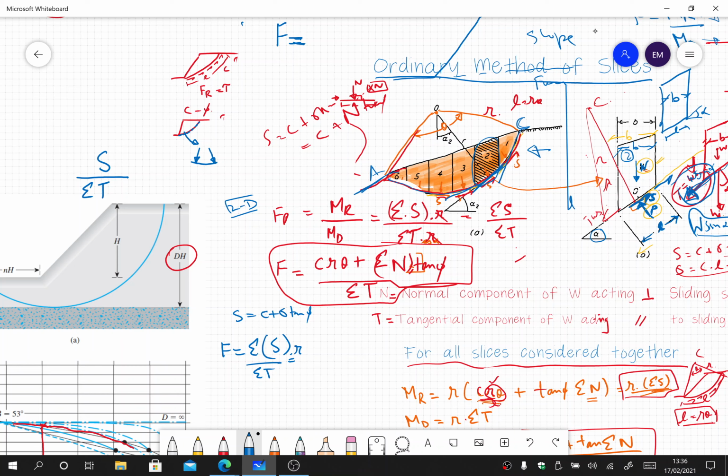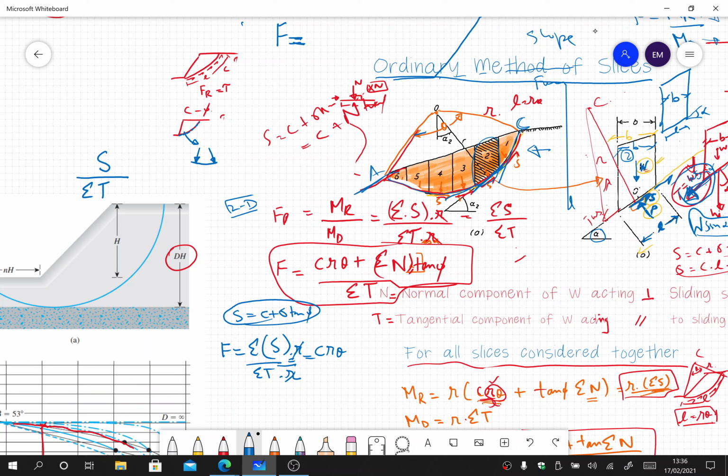It has to be multiplied by R because R is the radius along which it is acting, because we are talking about moments here. So we know that moment is force into the distance, so the distance is R, that is fixed radius, and T is also acting at R, so these two cancel out, and based on this equation shear strength will be C R theta.